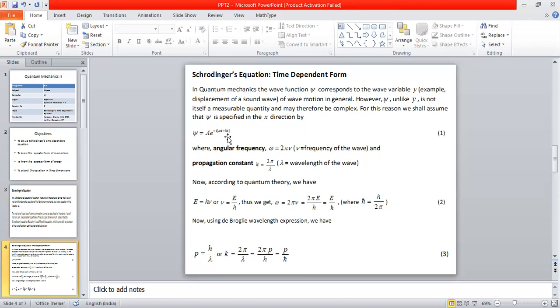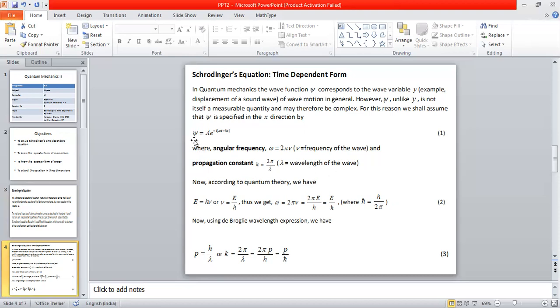And k is what we call the propagation constant, which is basically a vector quantity. The magnitude of the propagation constant k can be written as 2 pi by lambda, where lambda is the wavelength of the de Broglie wave.